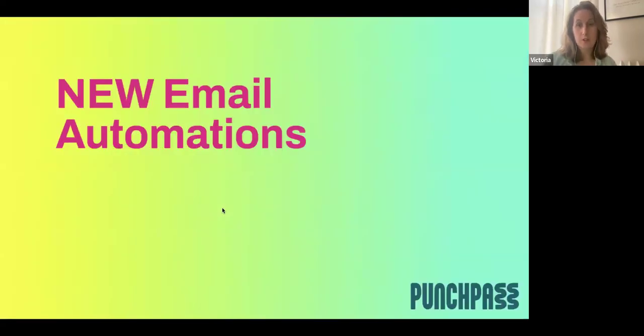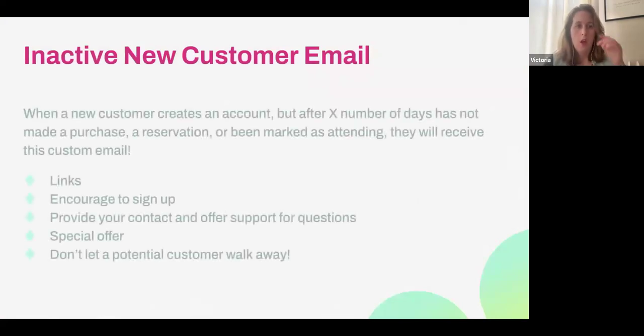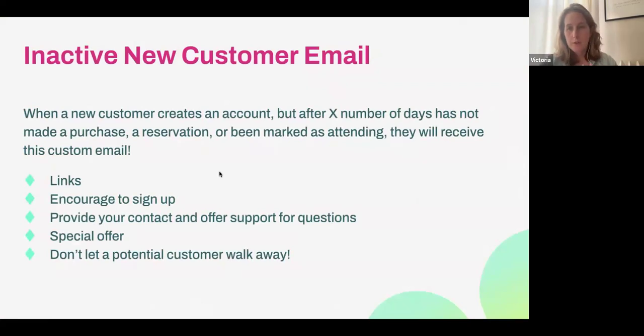But I really want to focus on the new ones because I'm so excited about what we have to offer here. So first, we're going to get into our 3 new email automations. The first one that can be so key is our inactive new customer email. So when you have a new customer, whether they create an account or you add them to the system.